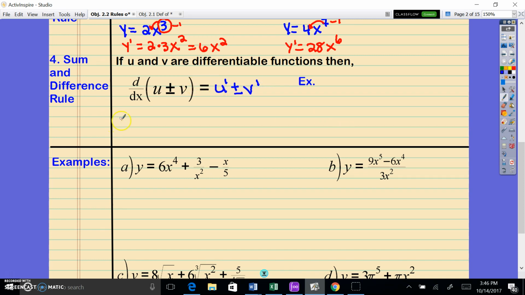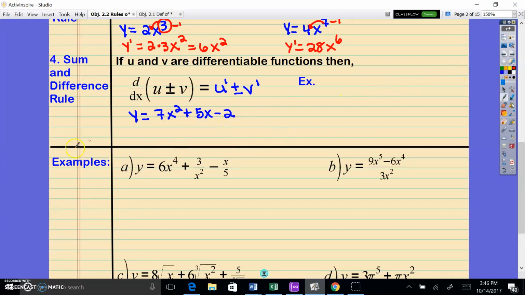So let's do some examples of what that would look like. Let's say y equaled 7x squared plus 5x minus 2. So what's happening here is you have 3 functions actually. You have an addition and then you have a subtraction, and technically these are all, each term is a function.